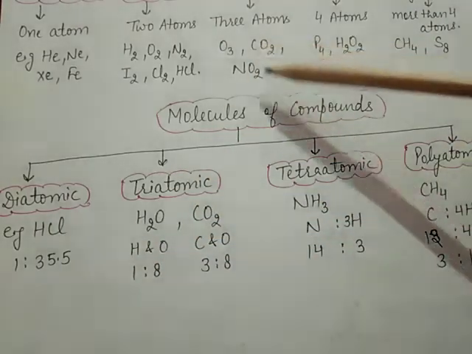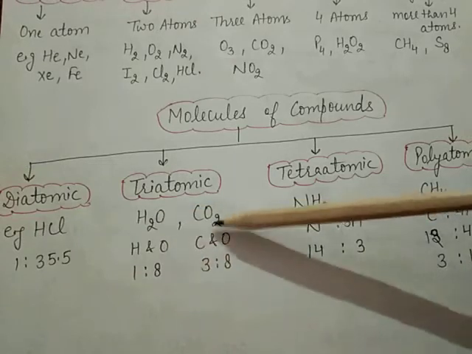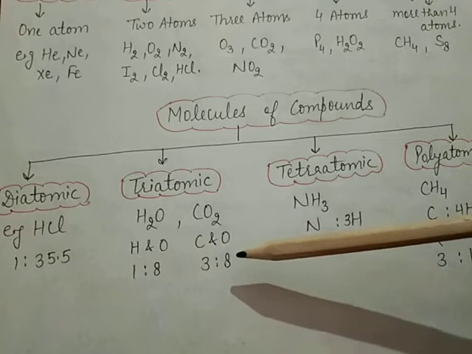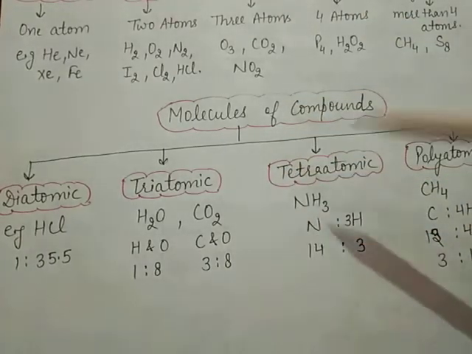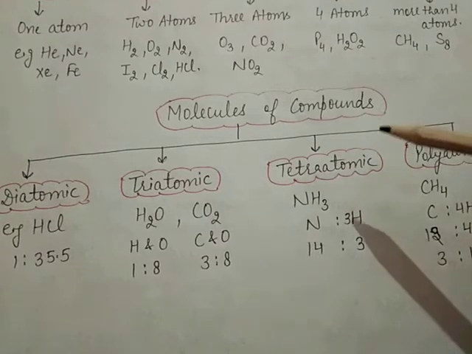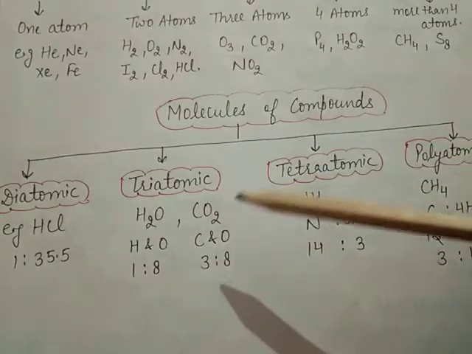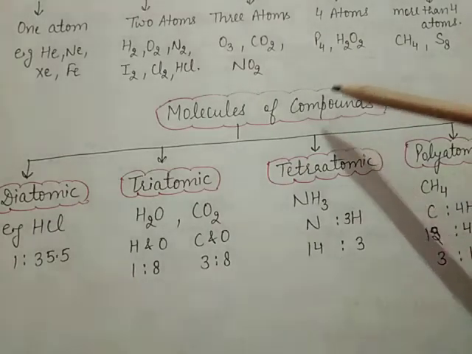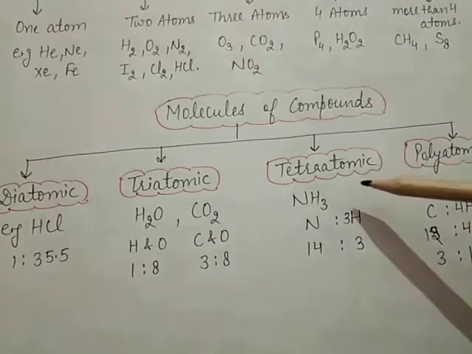For example, HCl, H2O, CO2 are made up of different atoms, so these are heteroatomic in nature. The molecules of compounds may also be diatomic, triatomic, tetraatomic and polyatomic in nature, depending on the number of atoms linked or combined by a chemical bond.